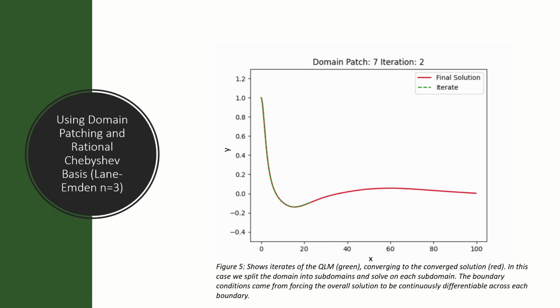This is where we take our domain, we chop it up into pieces, and we find a solution on each piece. And then our boundary conditions for each piece are going to come from enforcing continuous differentiability of our overall solution. Now in this example, I was able to produce a result on a domain of 0 to 100, which is much, much better than the previous two.